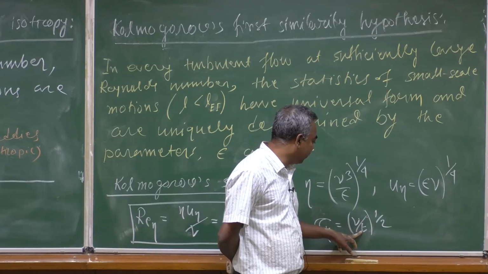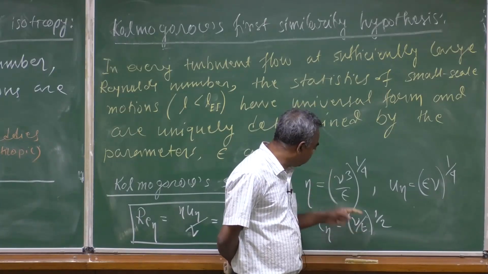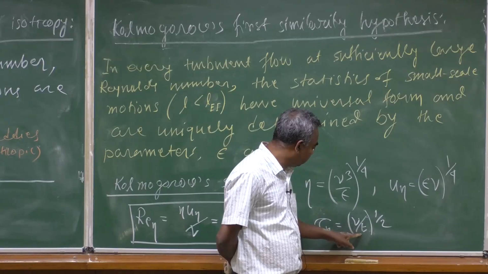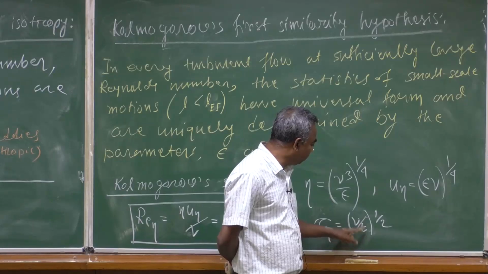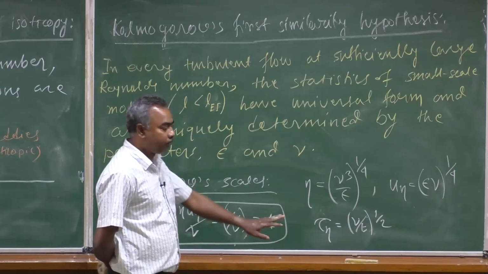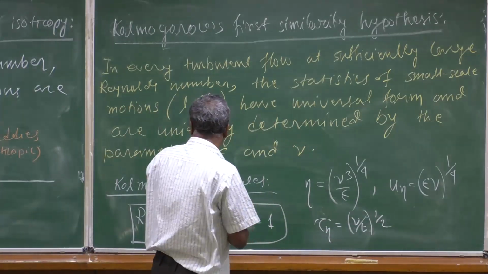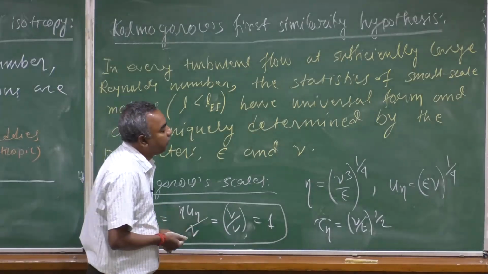So, that will get cancelled, and this is meter square per second, and this is meter square per second cube. So, that is fine, okay. So, this scale is fine. All right. So, this is one identity you get.